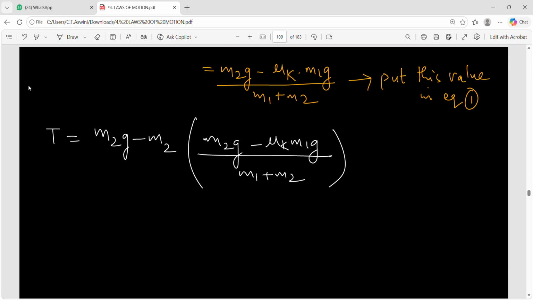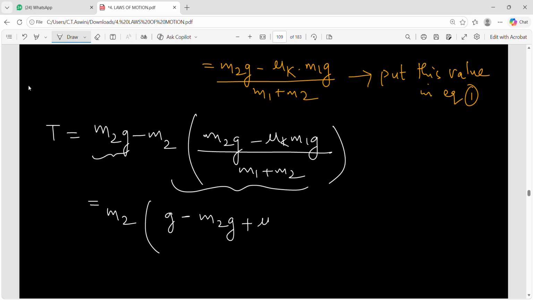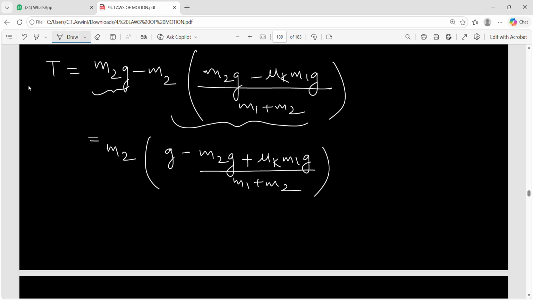Now just simplify this mathematically. What will you get? This is the first term and this is the second term. What is common in both the cases? M2 is common, so take it out. g minus, and multiply this minus with the inside terms. You'll get minus m2g plus mu k into m1 into g upon m1 plus m2. Now simplify for the denominator.